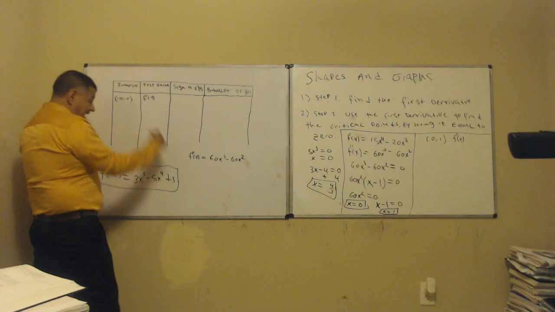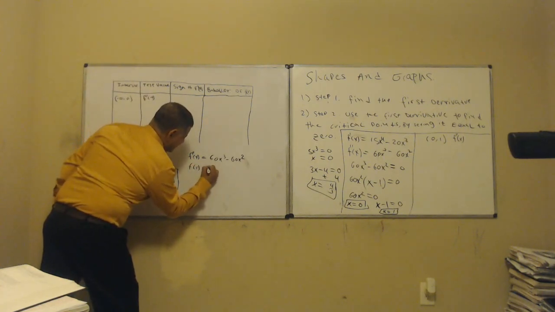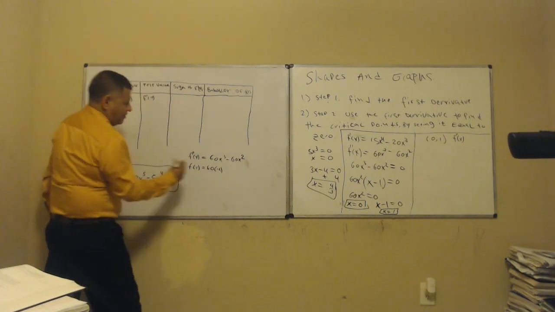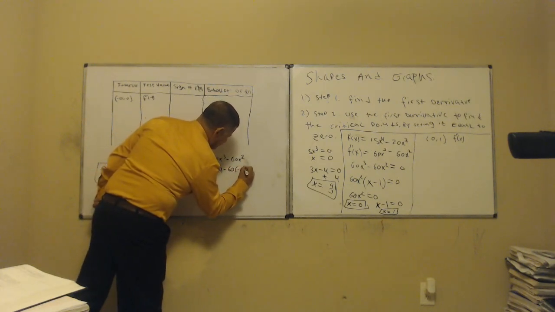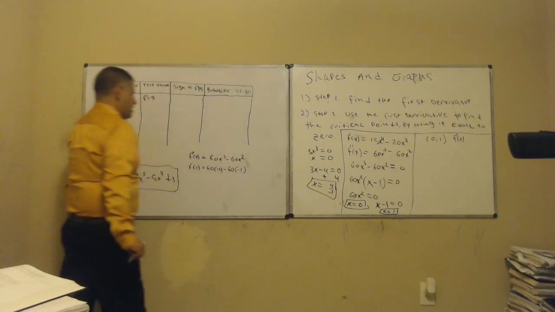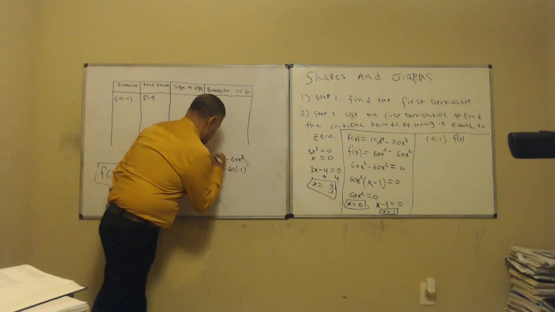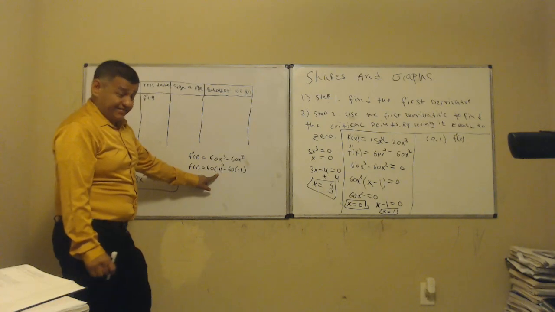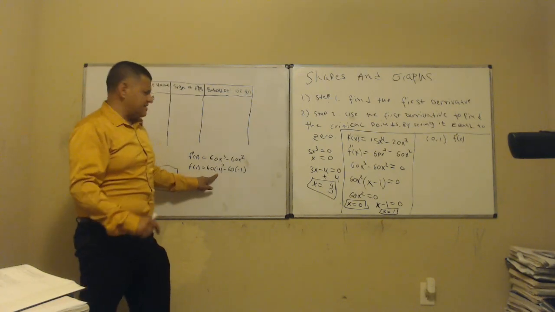So when I plot that negative 1 right here, I said f double prime of negative 1 is equal to 60 times negative 1 cubed minus 60 times negative 1 squared. But remember, I do negative times a negative, so positive, times another negative is negative.